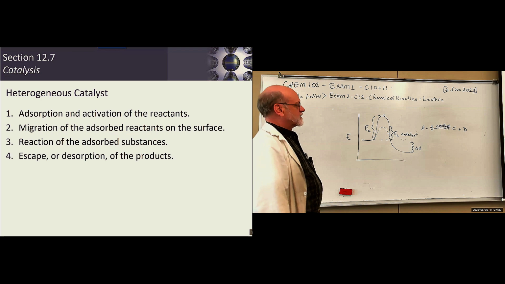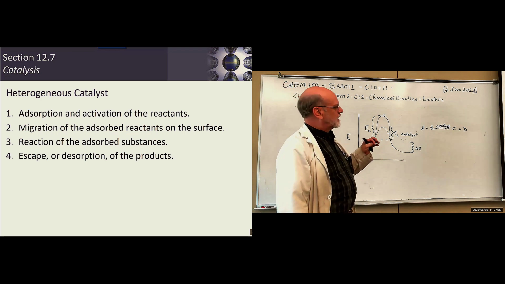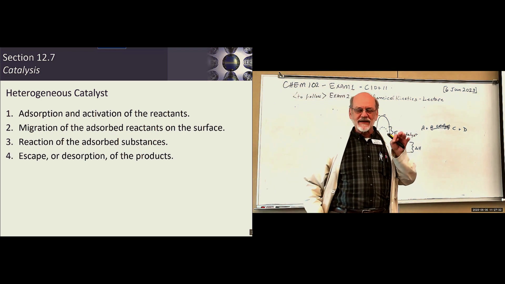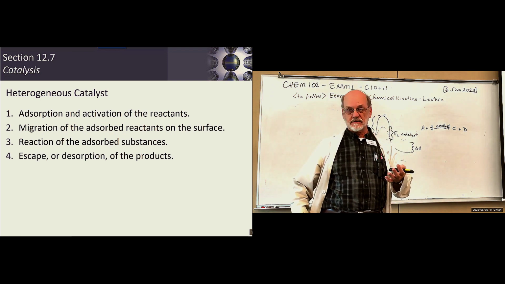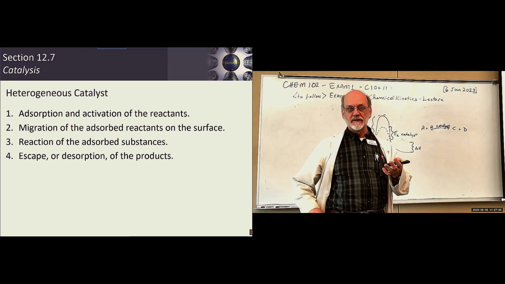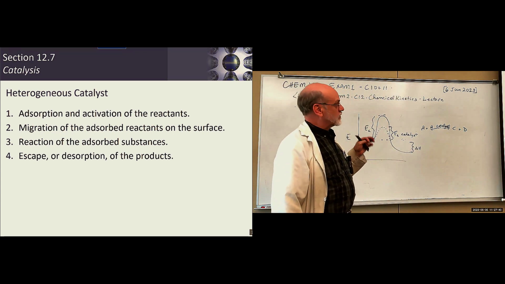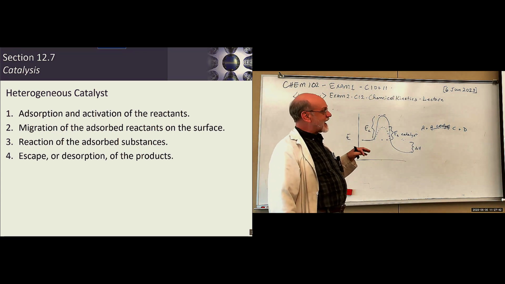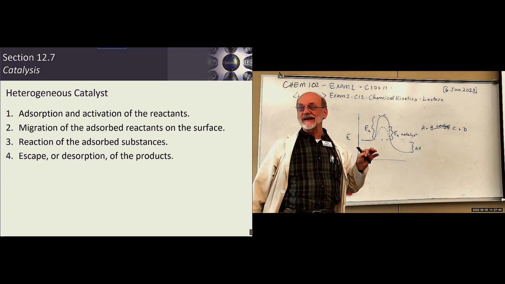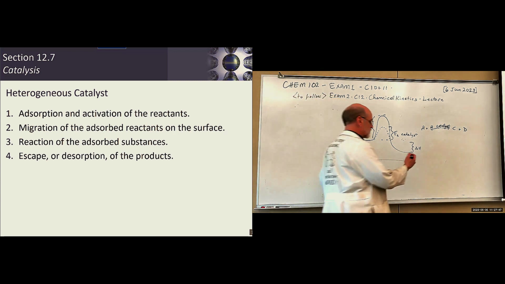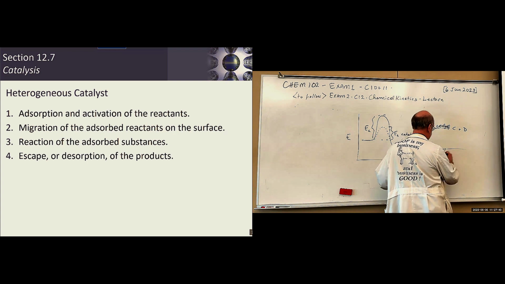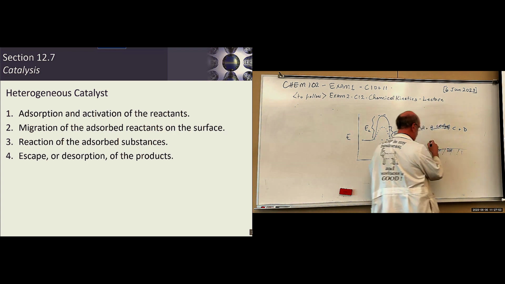Okay, so with heterogeneous catalysts, very often the reactants are adsorbed to the surface in some form or fashion. And these are the steps that would occur. The reactants are adsorbed and activated on the surface of the catalyst. So you would have your ceramic matrix and your platinum and palladium here. And then your reactants would come in.